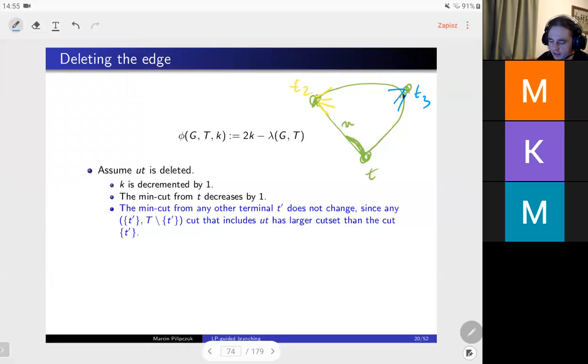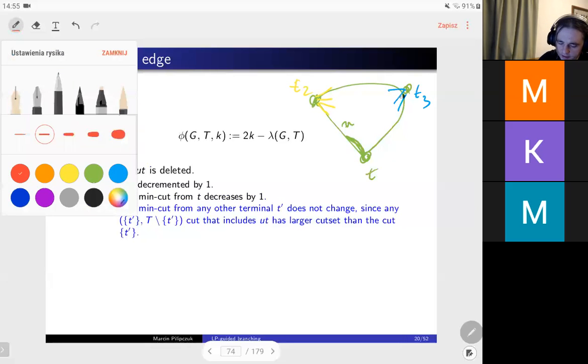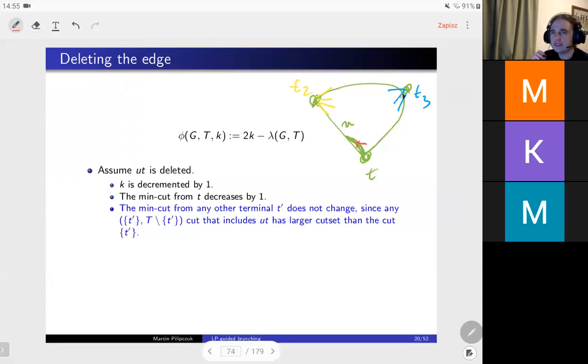Now deleting this edge won't make this minimum cut smaller. This edge was not part of any minimum cut between T2 and the remaining graph, because that was the unique minimum cut.